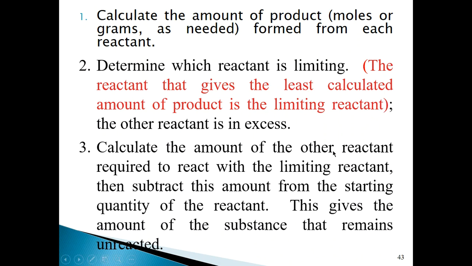To calculate the amount of other reactant that would be required to react with the limiting reactant, you do the stoichiometric calculation between those 2 reactants, and then you subtract that from the original amount of the excess reactant, and that would give you the amount of excess reactant. So those are the 3 fundamental steps involved in limiting reactant problems, for lack of a better expression.